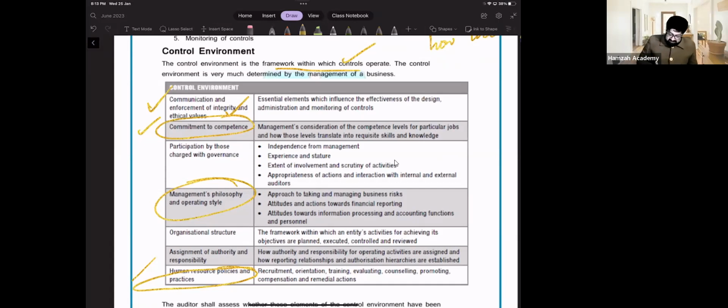How the business is structured, the hierarchy, these two are linked. From top to bottom, how the chain of command moves, how departmentation works, how well work is defined and assigned.